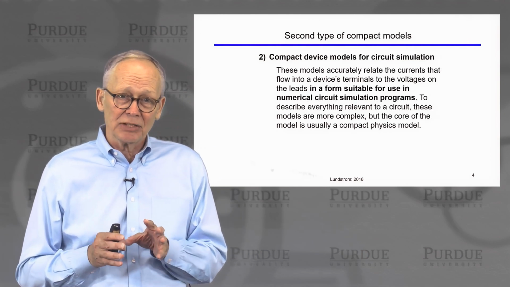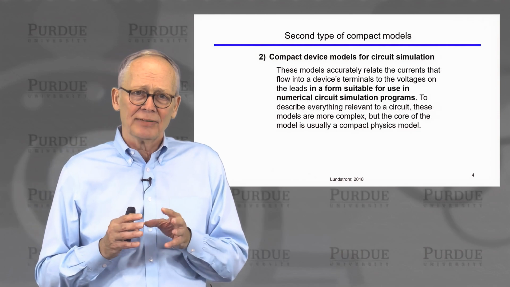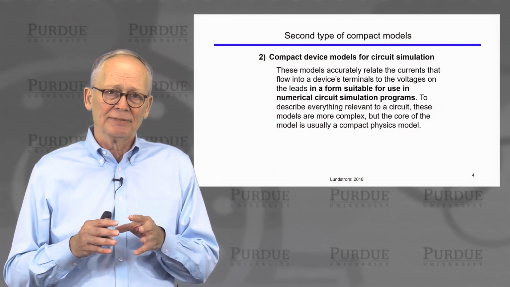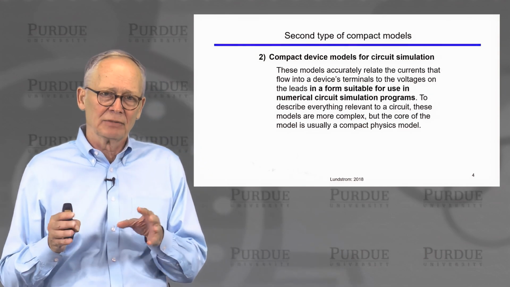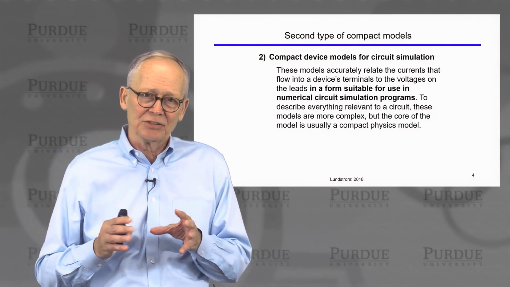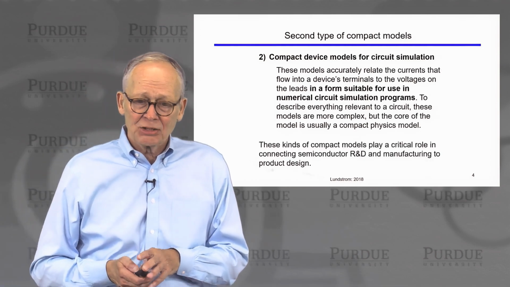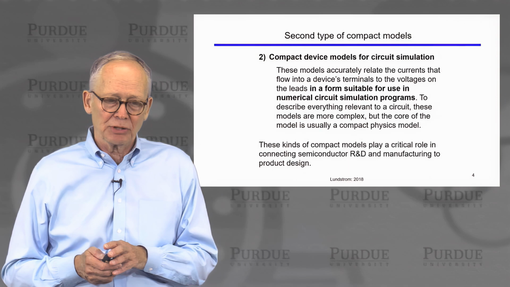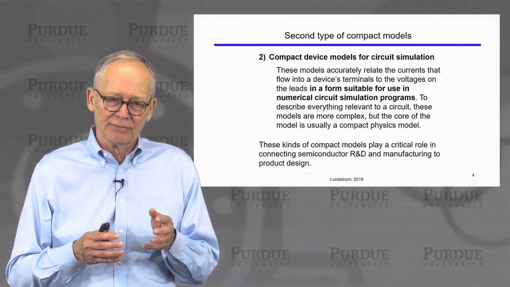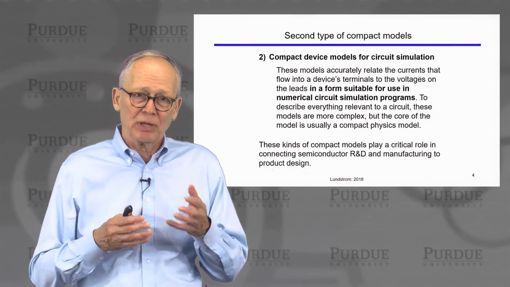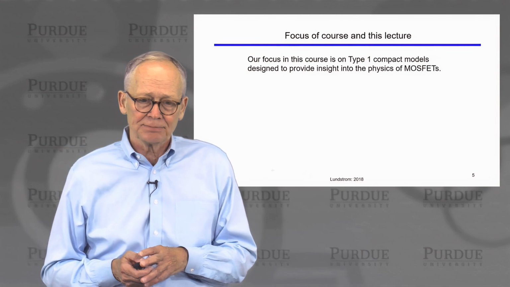Very frequently, and usually it's very desirable, that the core part of this model be a very physical compact model, and then a lot of complexities just to deal with real-world issues are added to that simple core model. Okay. So these kinds of models play a very critical role in connecting semiconductor manufacturing and research and development to the actual product design and the design of circuits and systems.